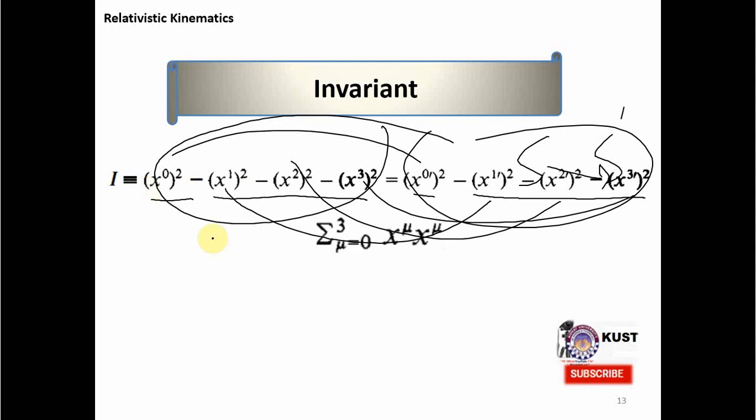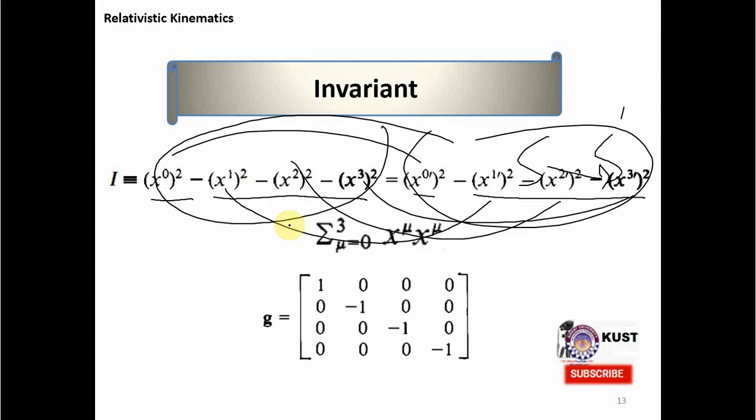And this space-time interval in compact notation can be written as the sum over mu equal to 0 to 3 of x mu and x mu, because you see that it is a square, so the square is calculated like this. And this is another matrix called G. This G matrix, we call it the metric. So this metric is also very important.